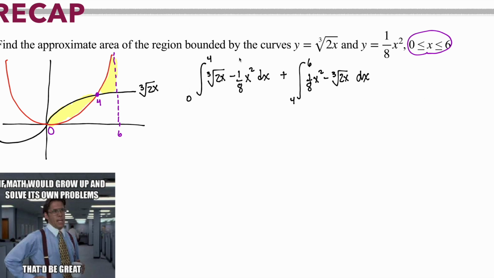So you're going to find the area from 0 to 4, and then you need to find the area from 4 to 6 in your calculator. This one you'll get about 3.33 repeating, close to it. And this one you'll get 2.03. So if you add them together, you will get roughly a 5.36 area.